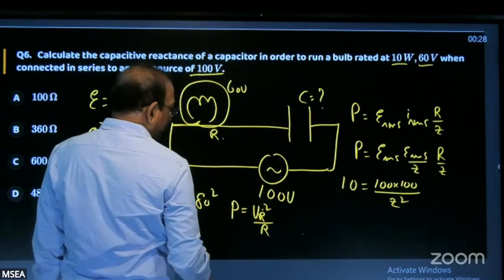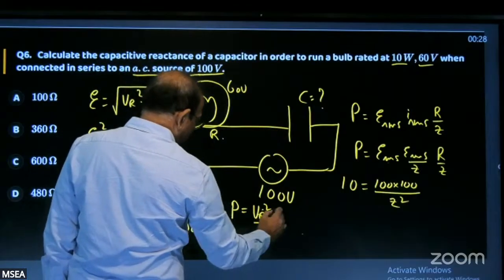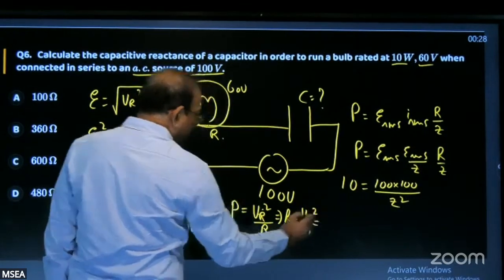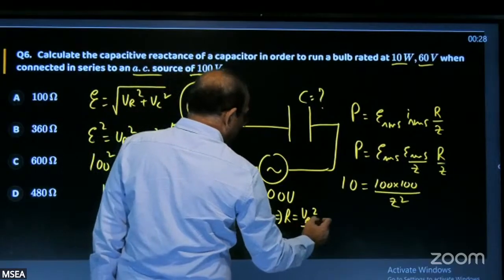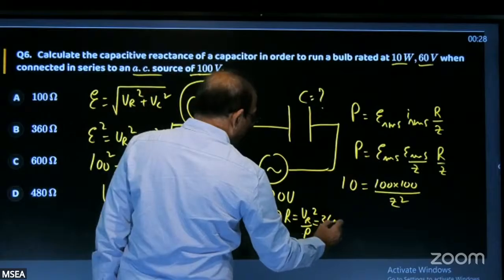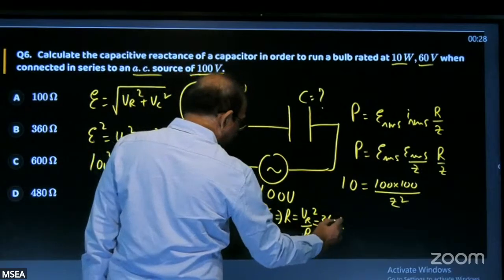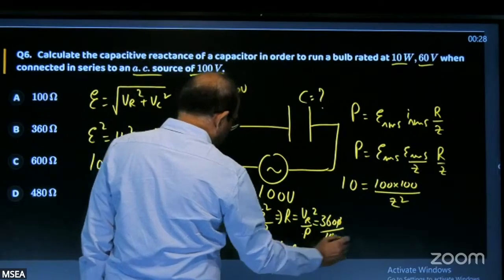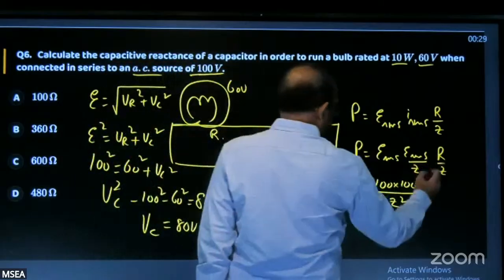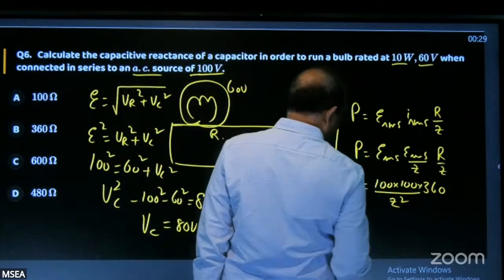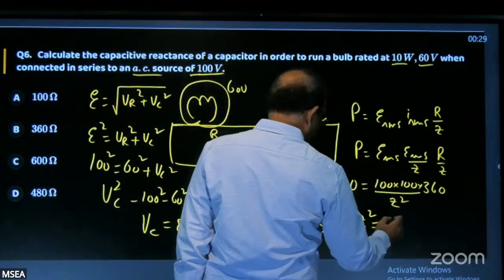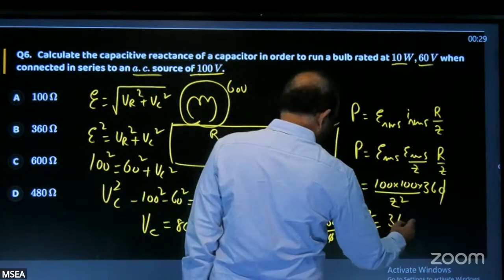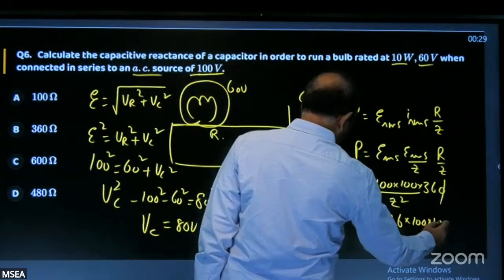This power is 10. So R equals VR square by P, that is 60 square, 3600 by 10. So the resistance of the bulb filament is 360 ohm. From this you find Z square. The 10 cancels, so Z square is 36 into 100 into 100.